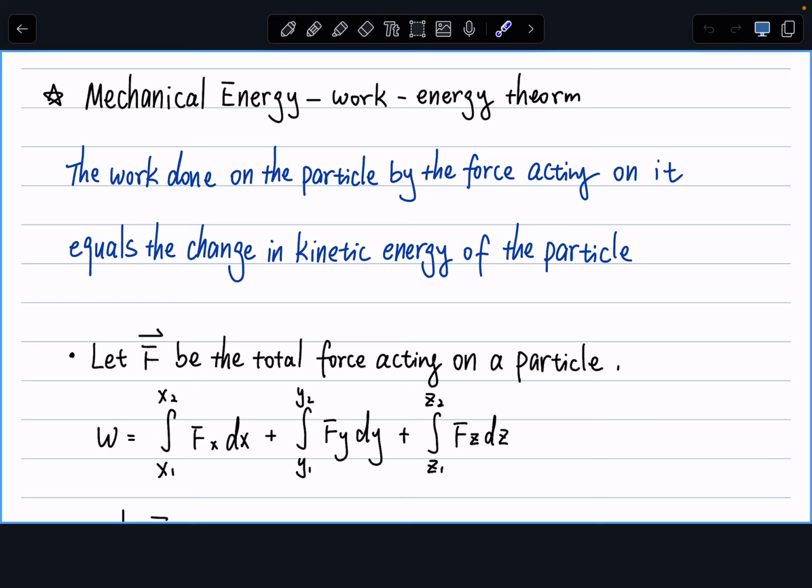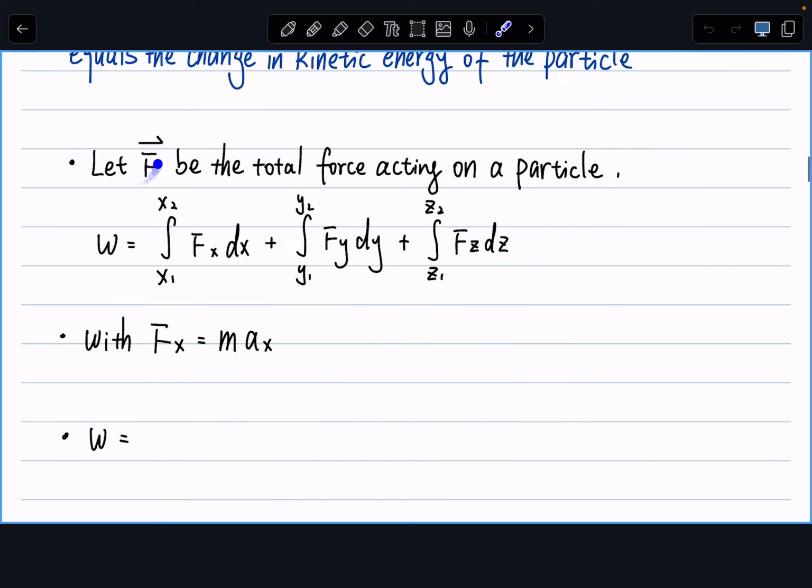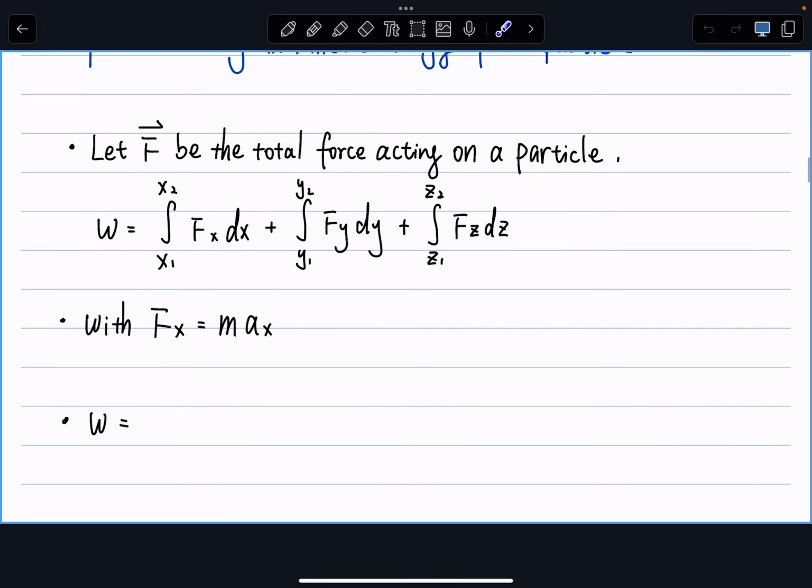If we look at a specific example, imagine we have a vector force acting on a particle in three different directions. You have Fx, Fy, and Fz using Cartesian coordinates. Let's say Fx equals m ax. What does that mean?